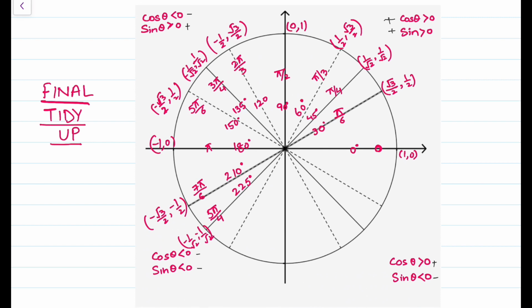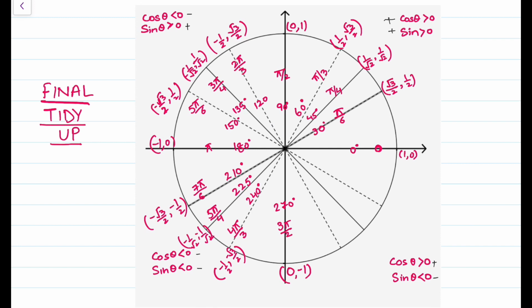The next value is 240 degrees, which becomes 4 pi over 3, and the values for 4 pi over 3 are minus 1 over 2 comma minus root 3 over 2. The next is 270 degrees, which is 3 pi over 2, and it is 0 comma minus 1.